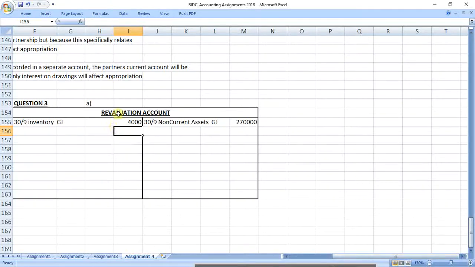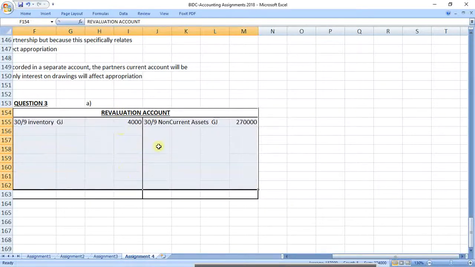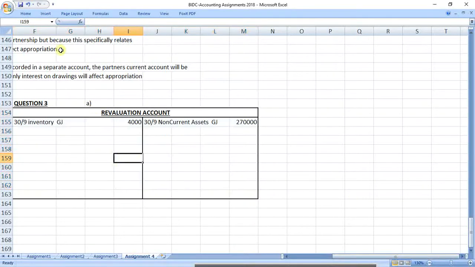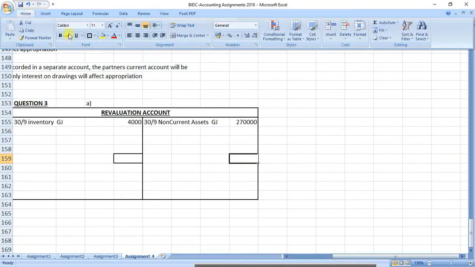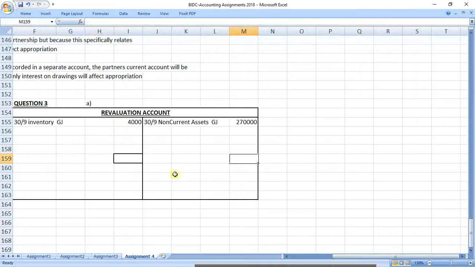Right, what do we do with the revaluation account? You need to balance it off. Does the revaluation account have a closing balance? No. Okay, so what must you do? You need to close off this account, and you need to close it off to the existing partners. Okay, so 270,000 is the bigger total. So that goes there, that goes there.